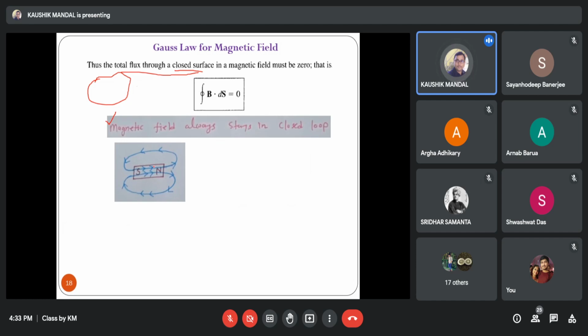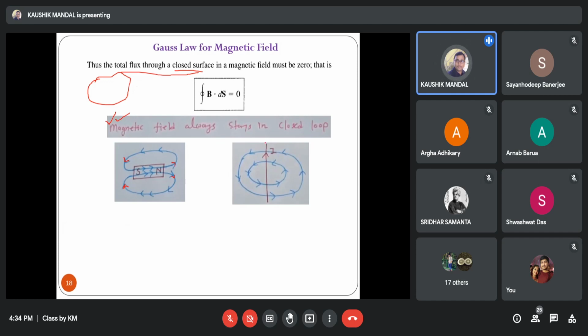As you know, the magnetic lines of force always form a closed loop. If we consider a magnetic bar and draw the lines of force, they start from the north pole and end at the south pole. Similarly, in that case also, they start from the north and end at the south pole. These two drawings are based on the statement that the magnetic field always stays in a closed loop.